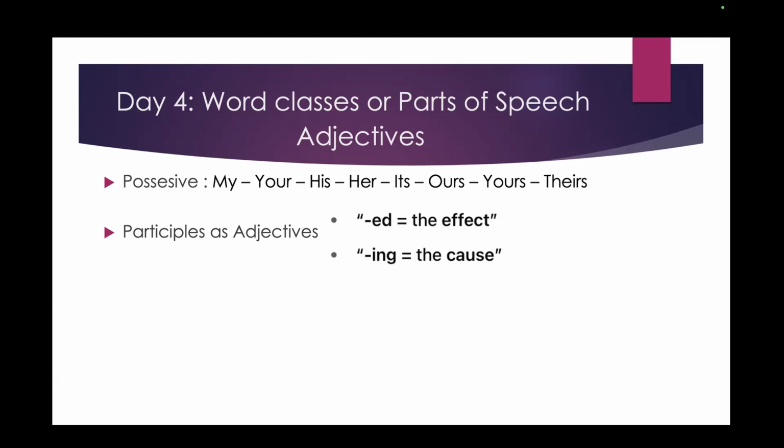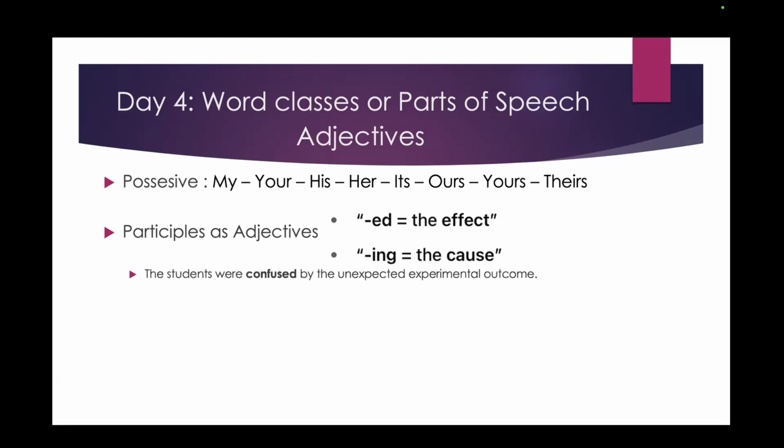And adjectives ending in -ing normally describe the cause of that emotion, right? And they normally describe things, how this noun, a thing, is modified. This is used with an adjective ending in -ing.